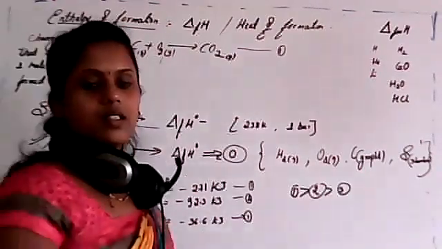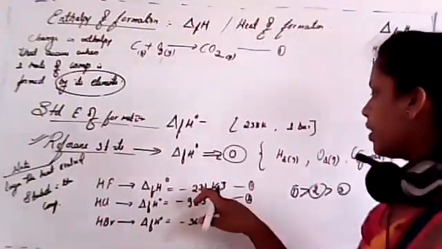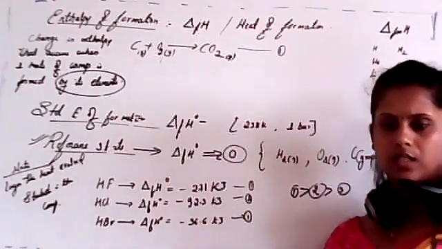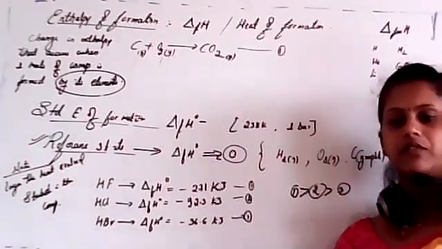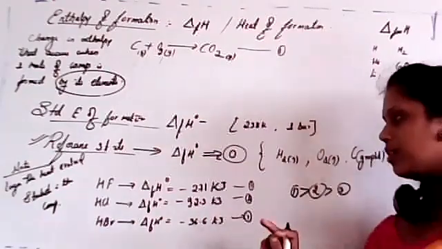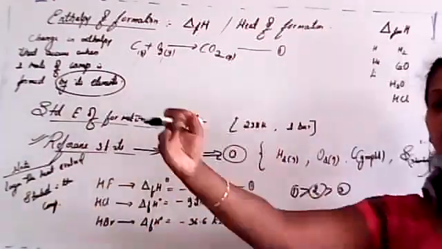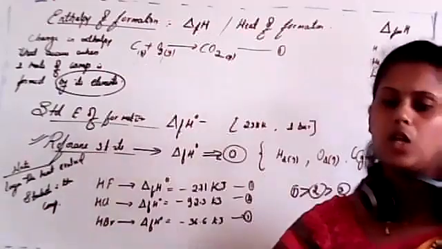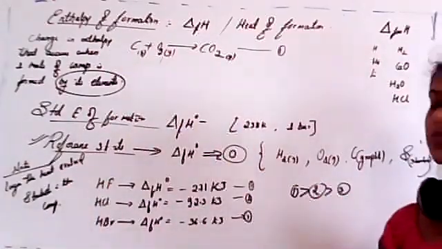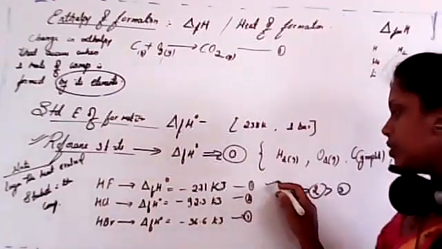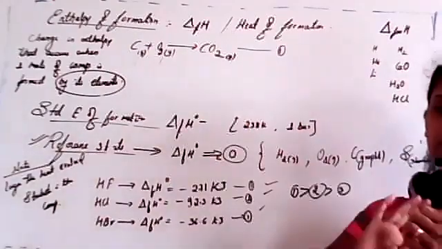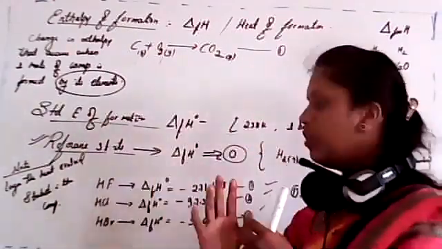The first one is 271 kilojoule, the second one is 92.3, the third one is 36.6. The larger the heat evolved, that means heat is lost by the system, in that case that system is stronger. Remember this, student, this is very important. As much heat is evolved, the compound will be stronger.